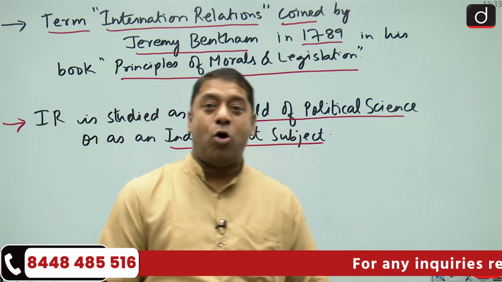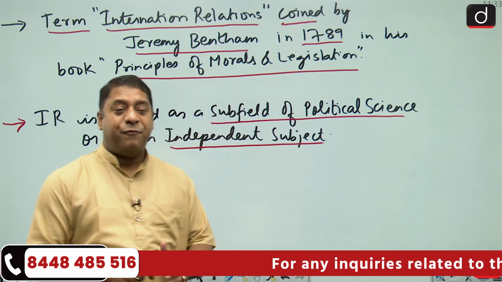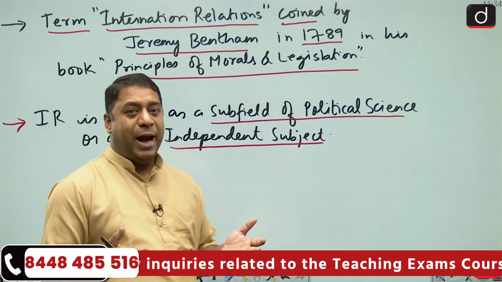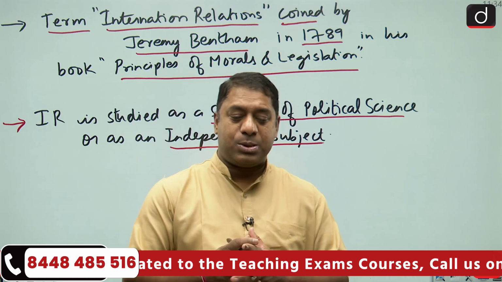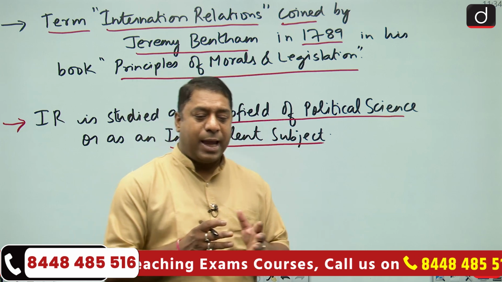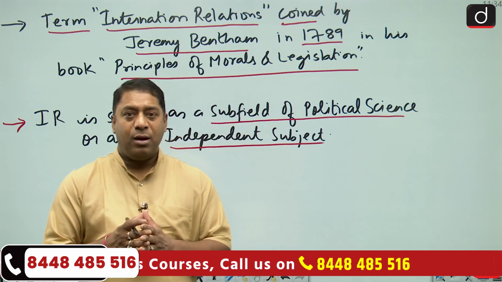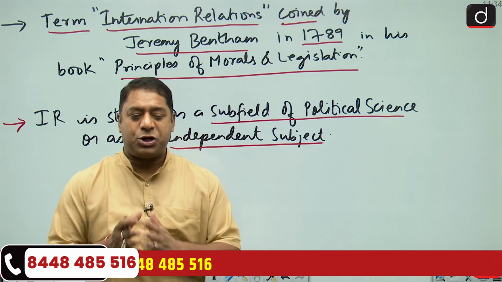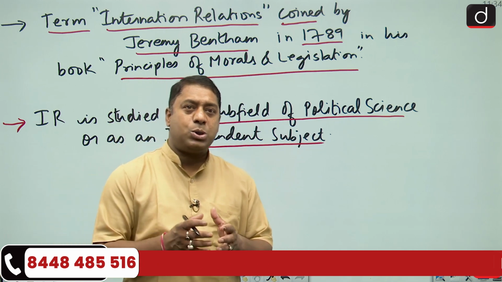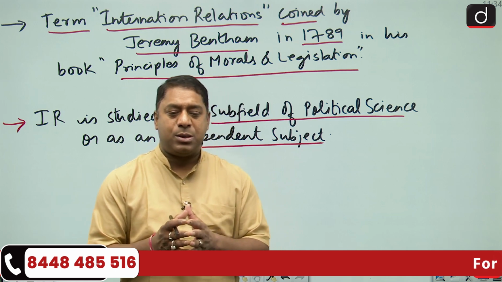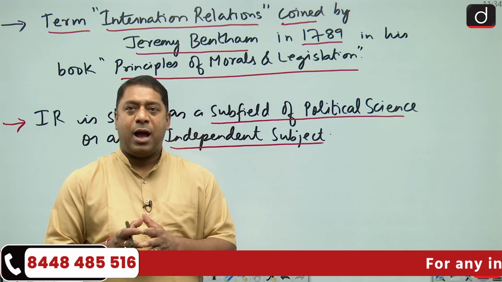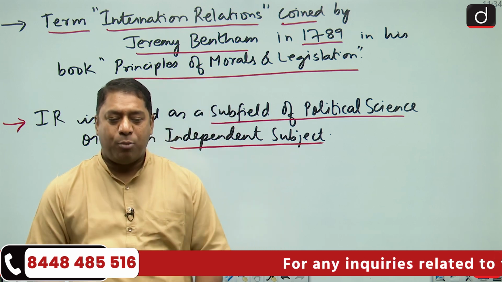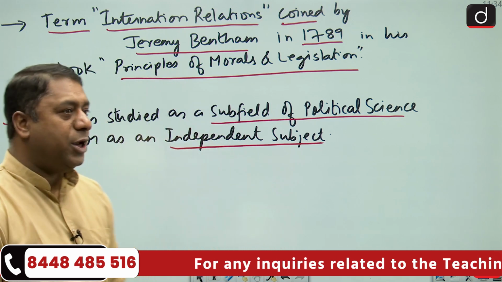So H.J. Morgenthau, he defines international relations, and he says it includes analysis of political relations, it includes problems of peace among nations, and it's a struggle for and use of political power among nations.